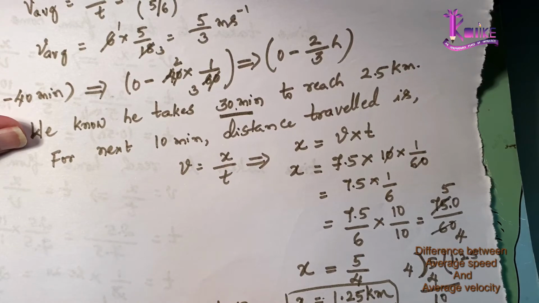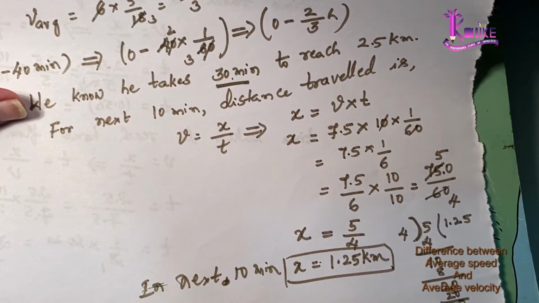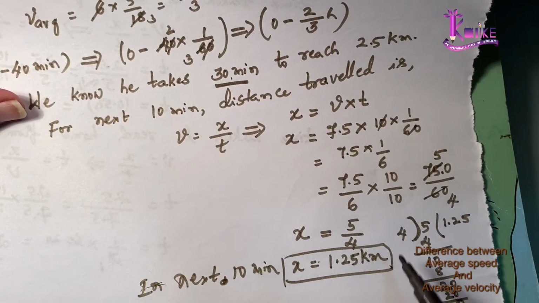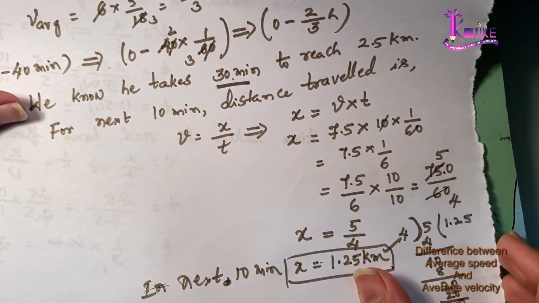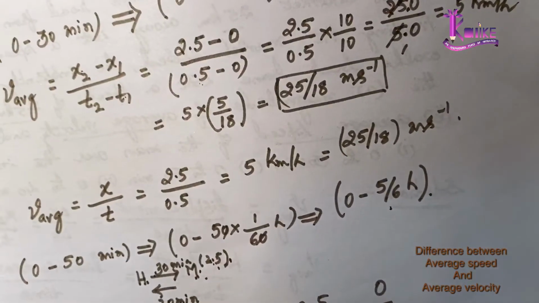So in the next 10 minutes he covers a distance of 1.25 kilometers. Now this is a valuable result again. So we'll use this to calculate the average speed and hence the average velocity also.